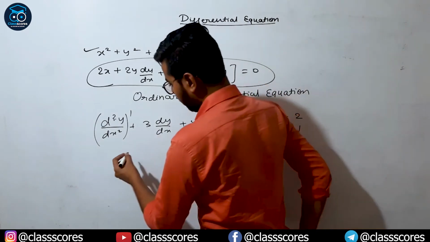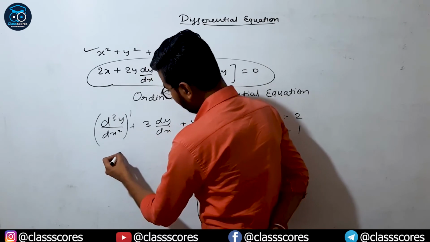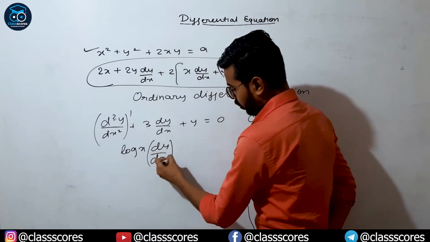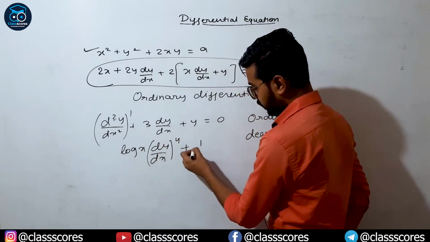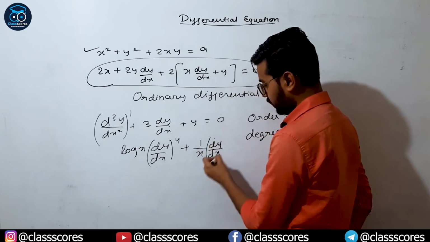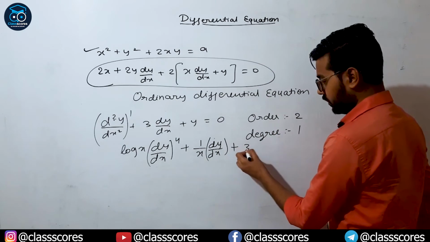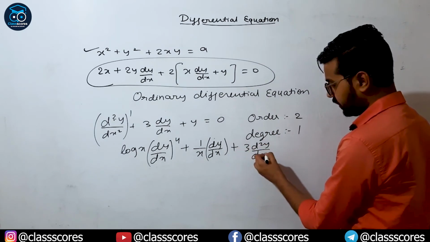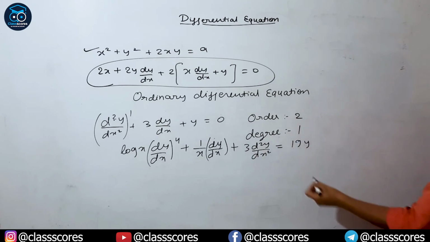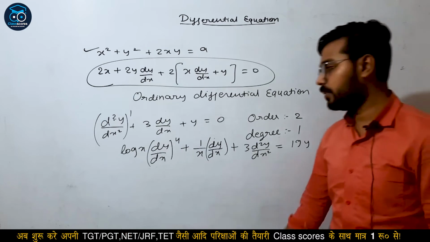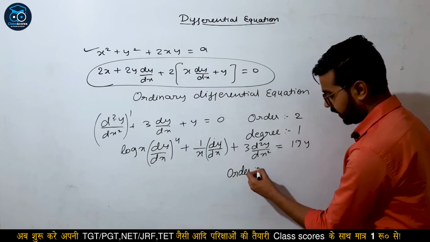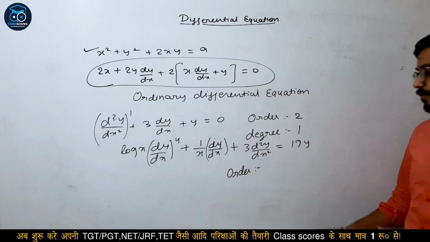We can take one more example. Log x into dy upon dx whole power 4 plus 1 upon x dy upon dx plus 3 d square y upon dx square equals 19y. Now tell me the order of the given equation. The order is the maximum number of times the equation is differentiated.